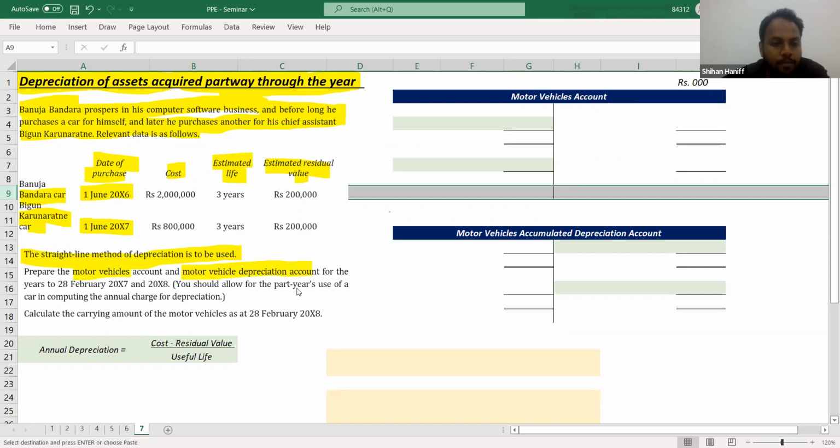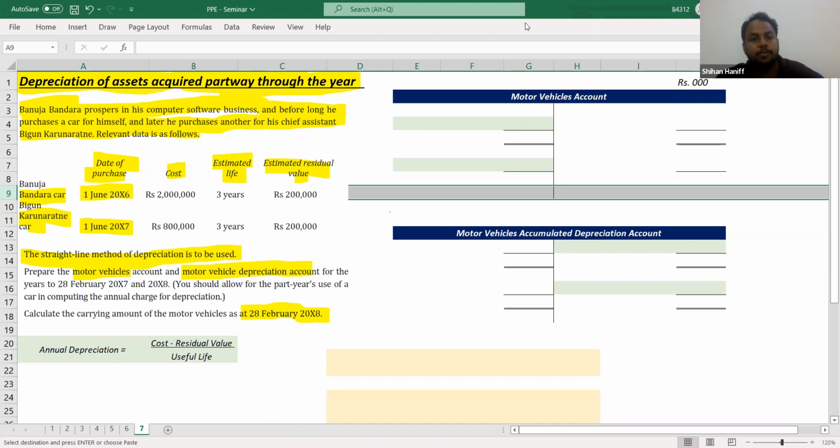You should allow for the part year's use of a car in computing the annual charge for depreciation. Calculate the carrying value of motor vehicle as at 28th February 2008. So in this question, the year end is 28th February, which helps us understand the importance of timing.